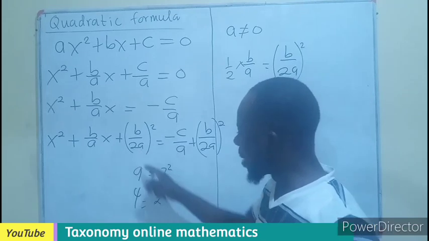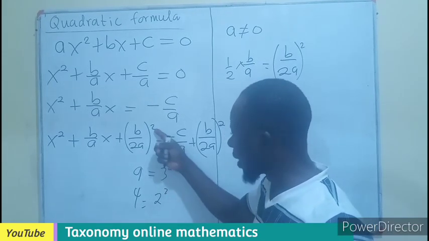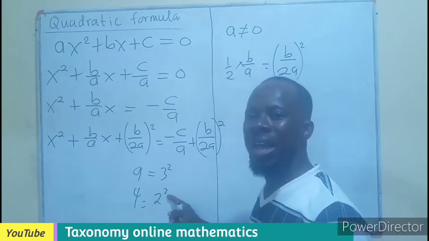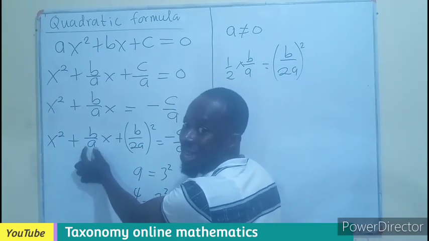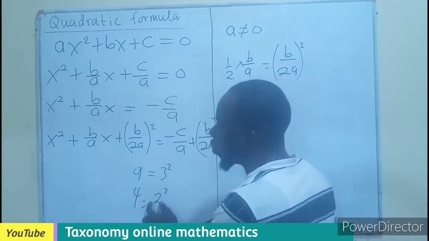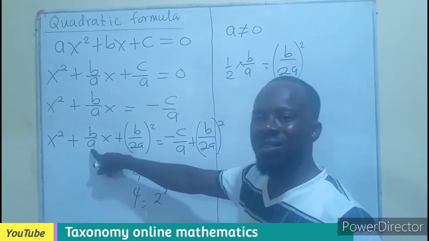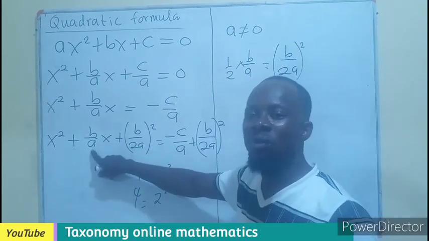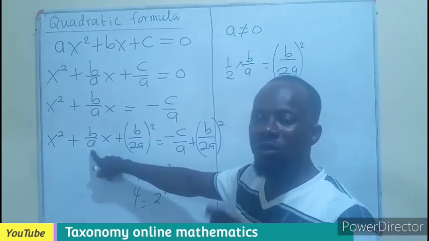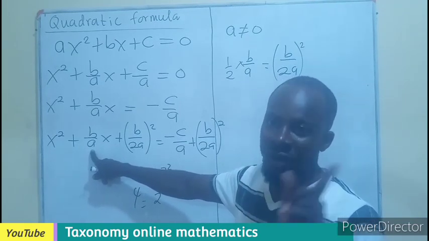The moment this number is a perfect square like this, we ignore the square and find out if the middle term, the coefficient here, is twice of this. Meaning, if 2 times this gives us b over a, if 2 times 3 gives us b over a, then we are going to call that a perfect quadratic trinomial.